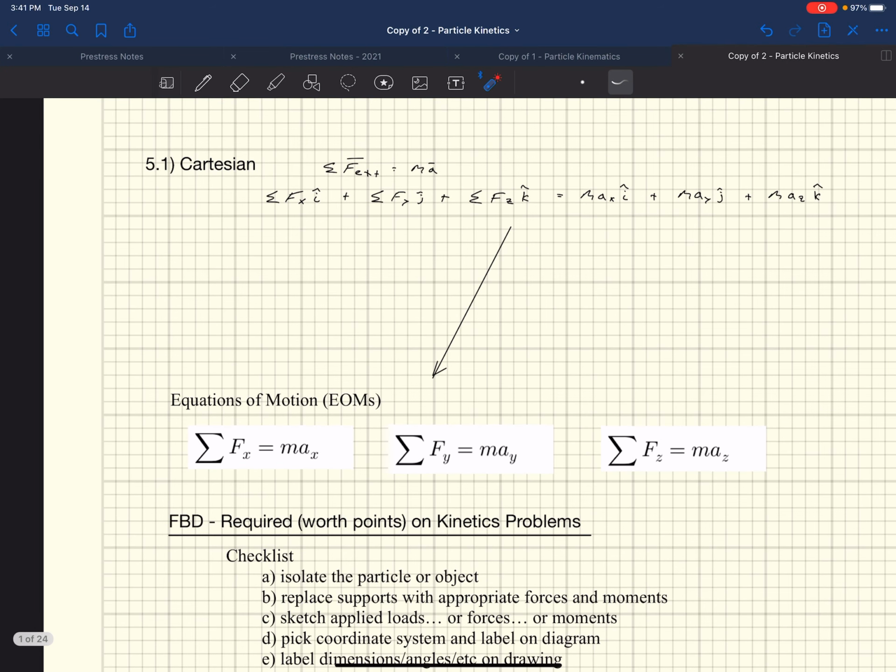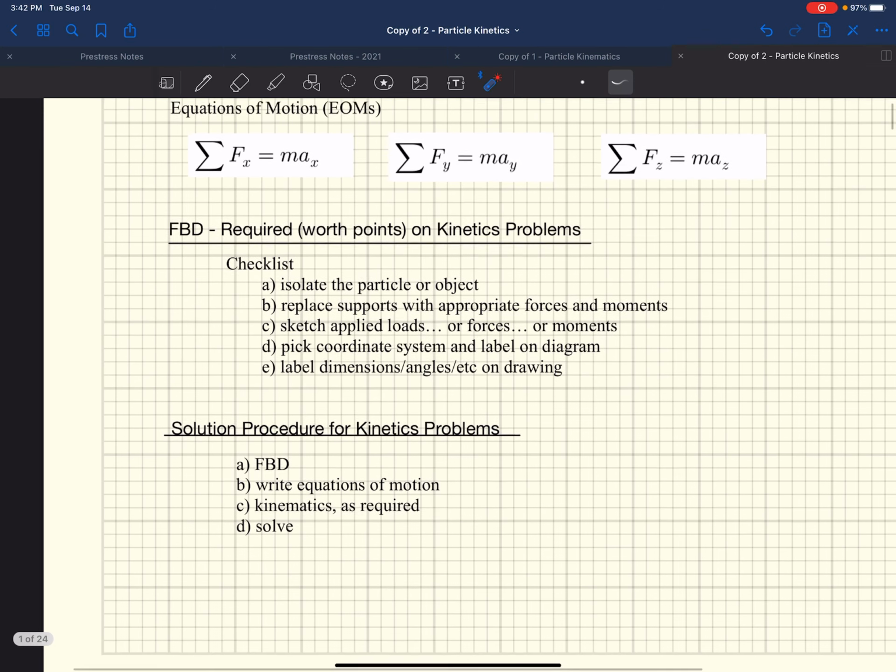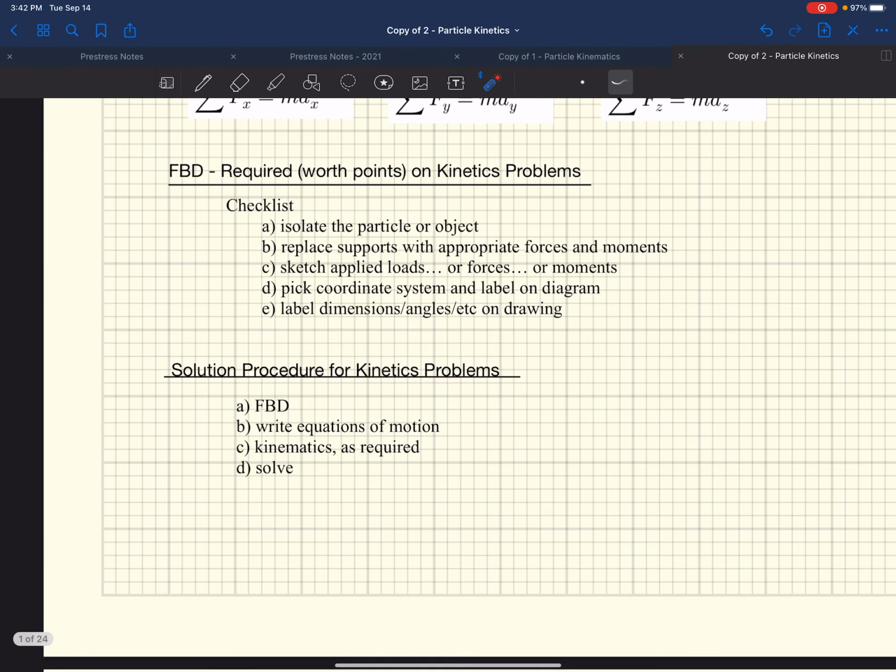So in Cartesian coordinates, we broke this governing equation into its x, y, and z components, and we came up with 3 equations of motion. We added in a solution procedure: draw a free body diagram, write down the equations of motion, kinematics as required, and solve. This will stand for all the different coordinate systems, not just Cartesian.